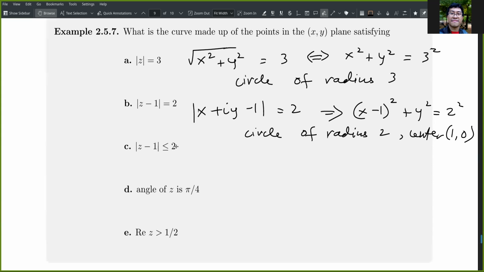And this one here is the region inside the circle B, including the border.